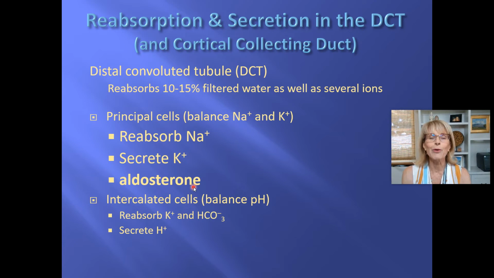It is a steroid hormone that is made by the adrenal cortex, and it will be released under a few situations. When your blood pressure is too low, it will get released. We'll talk about that in more detail. Also, when sodium levels in your blood are too low or potassium levels are too high, aldosterone will be released.